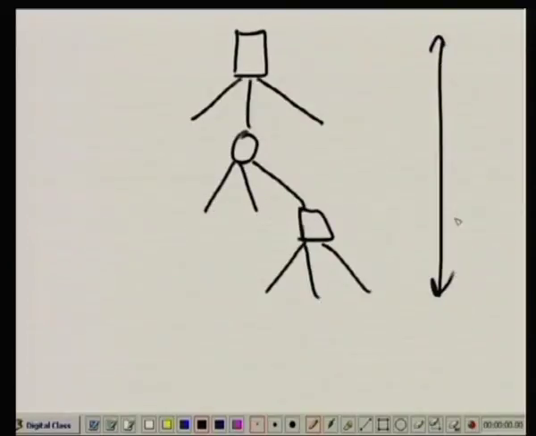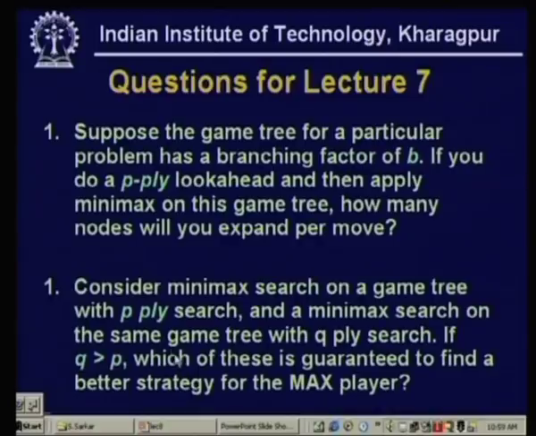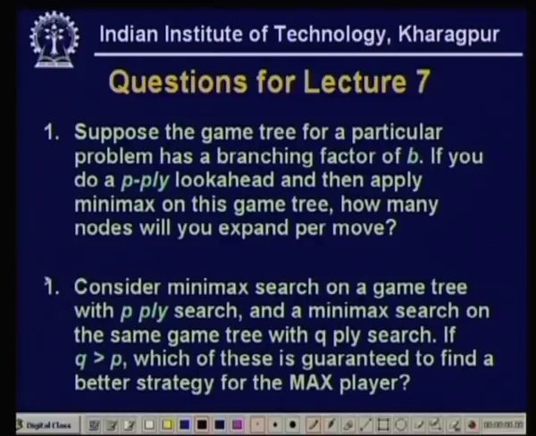So, for every move you need to do a p-ply full minimax search where b to the power p nodes are expanded. For each move you need to expand b to the power p nodes.